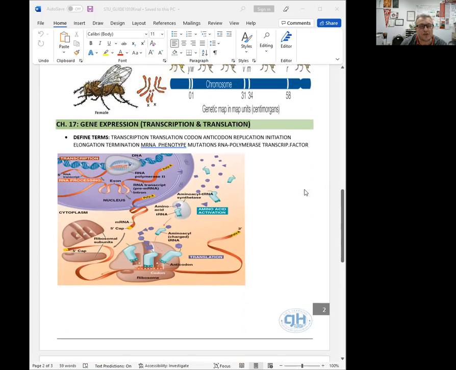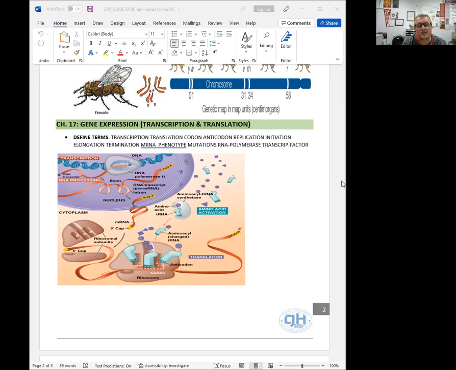gene to proteins, or gene expression, which includes transcription and translation. This is a pretty cool chapter actually. We've seen genes and chromosomes, but what about genotype, and what happens when they translate into proteins?